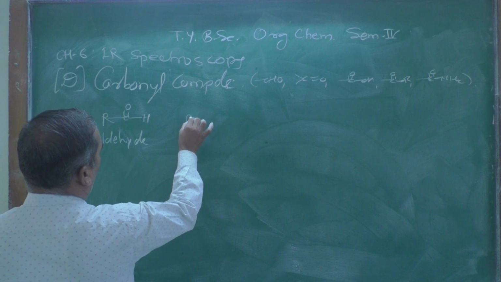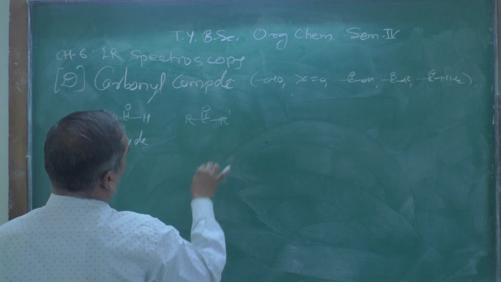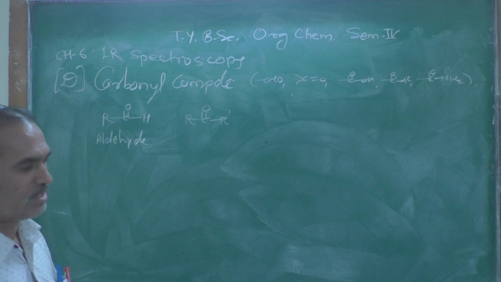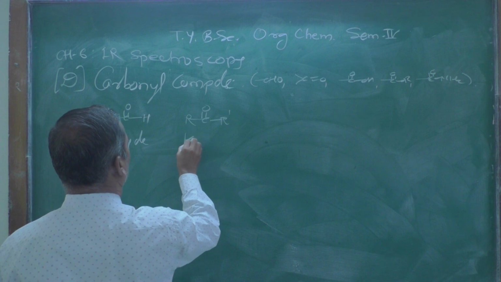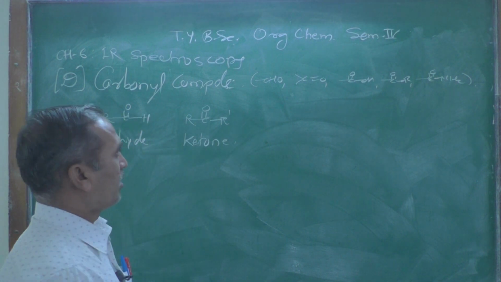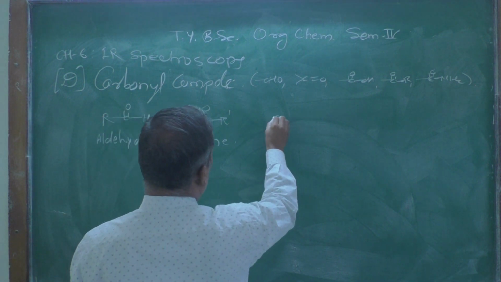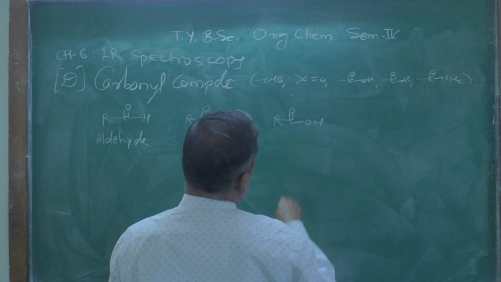Let me draw another structure, C double bond O R dash. You can clearly understand this one. What is that? This is a ketone. Very right. Another one which I am going to write over here, C double bond O OH.